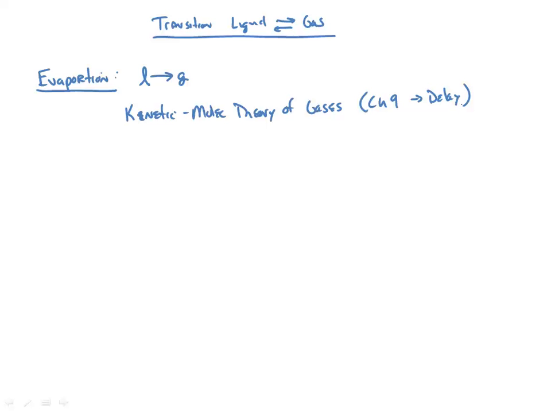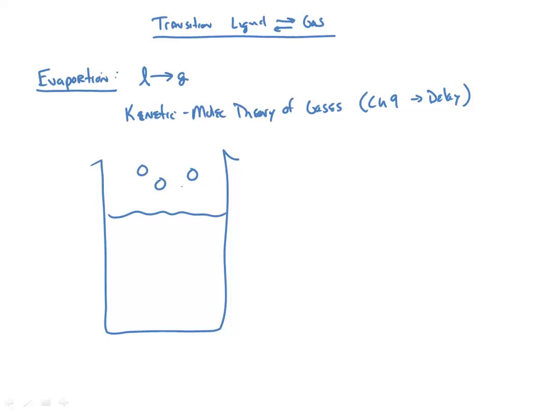Instead we're simply going to take a look at a general idea where we know that if I have a liquid and I have gas molecules, I constantly am going from liquid to gas, and at the same time those gas molecules are continually going from the gas state to the liquid state.